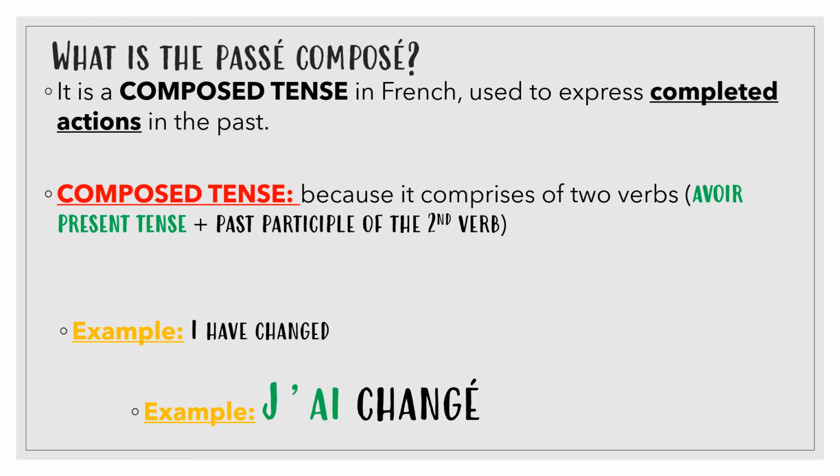I have, j'ai. And then for the past participle, you'd say changé. J'ai changé. I have changed. J'ai, I have, one verb, that's the helping verb, and changé, changed. I have changed. J'ai changé.